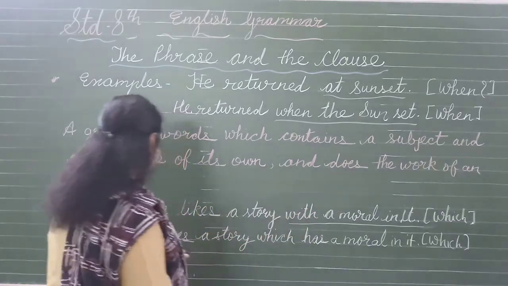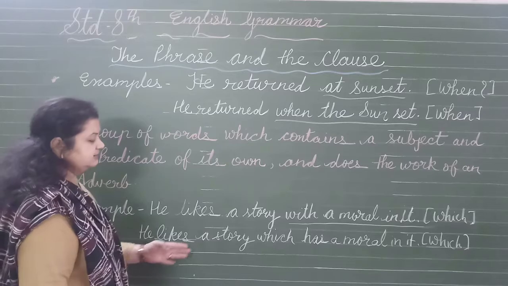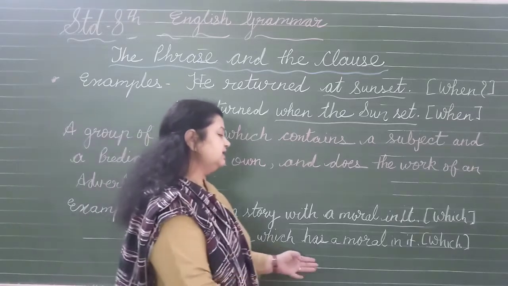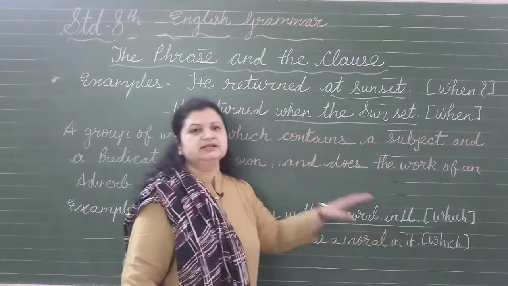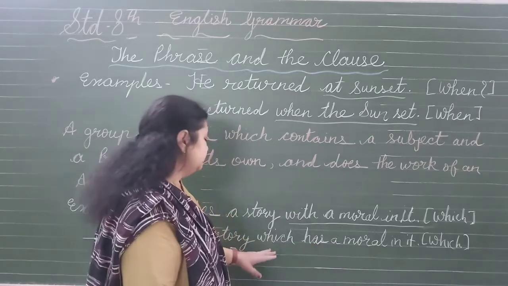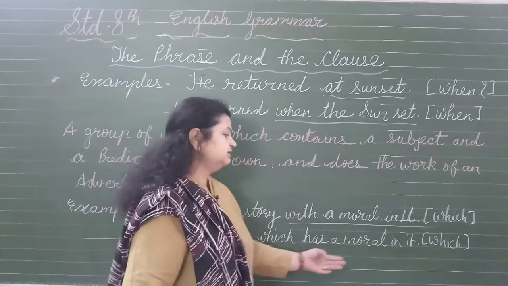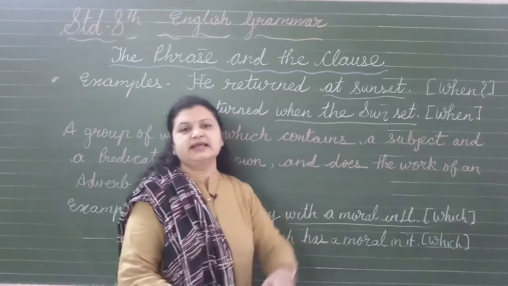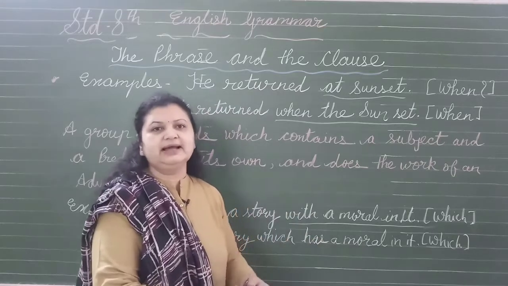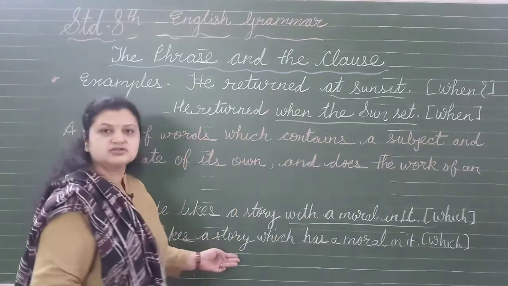Okay, and the next sentence is: he likes a story which has a moral in it. Same sentence, but this is a clause, which has a moral in it. Same, what sort of story he likes is qualifying the word story, a noun.